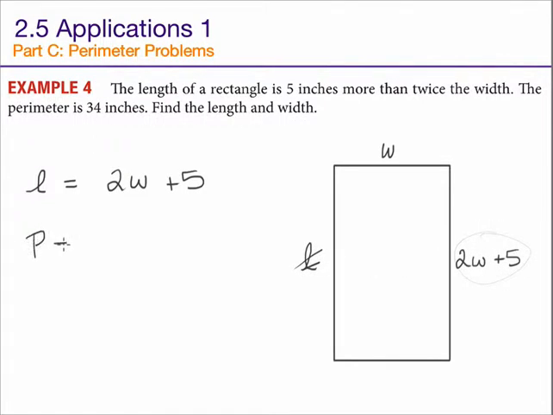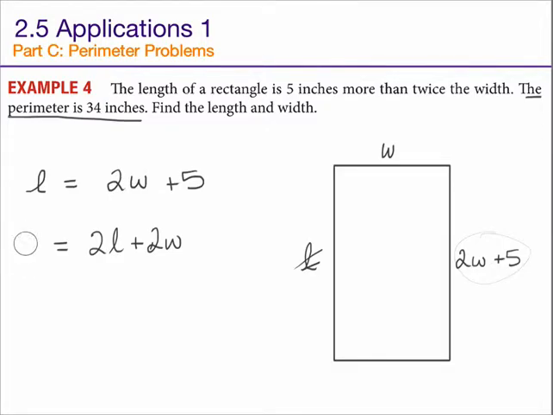We also know the formula for the perimeter of a rectangle. Perimeter equals 2L plus 2W. We have two variables here, L and W, and the same two variables here, L and W. We have a third variable here. But we're also told that the perimeter is 34 inches, so we actually know the value of P here.